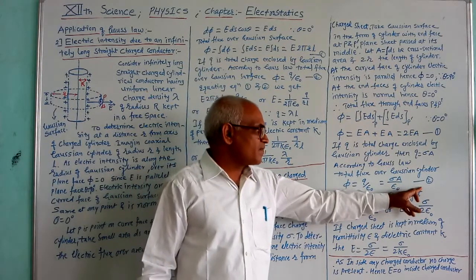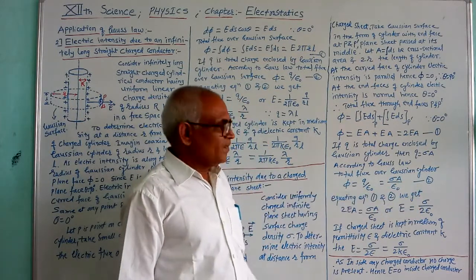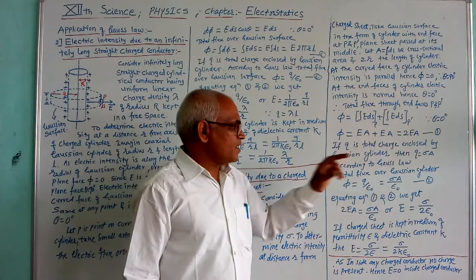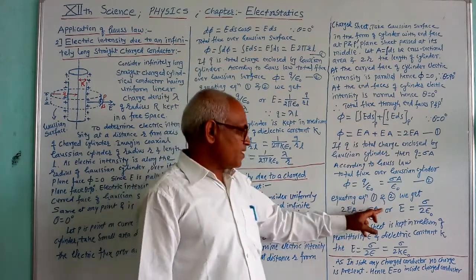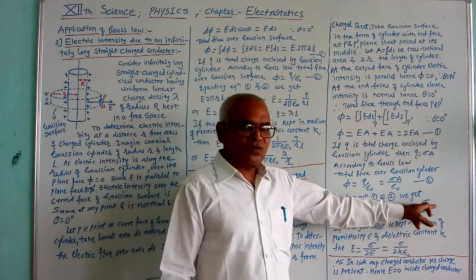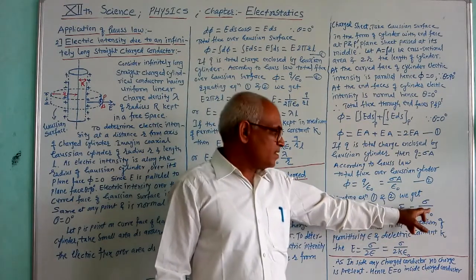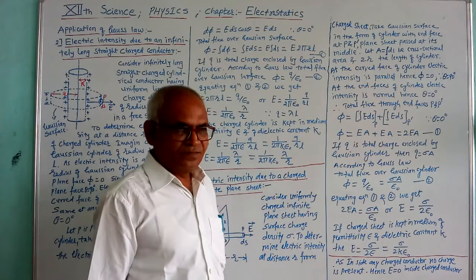Let us call this equation number 2. Equating equation 1 and equation 2, we get electric intensity E is equal to sigma upon twice epsilon 0.